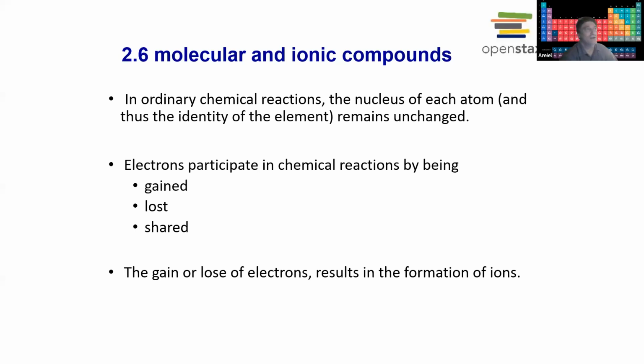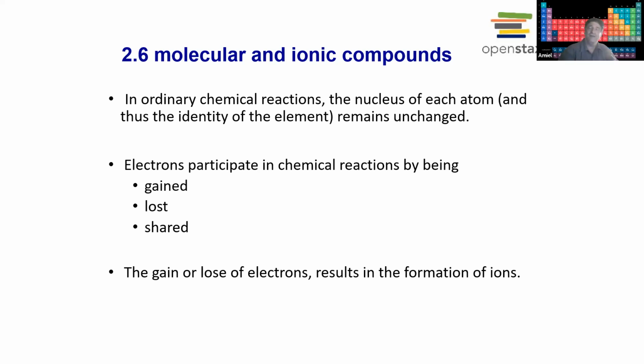2.6, molecular versus ionic compounds. There are basically two ways that elements bond to each other. We've said earlier that all of chemistry, apart from nuclear chemistry, is shuffling around the electrons. That's true. There are two basic ways that that can be done.